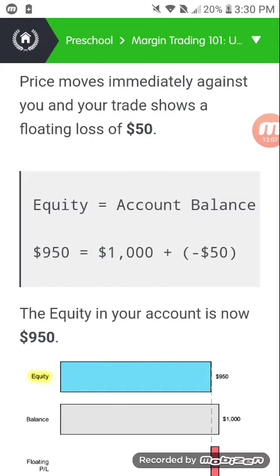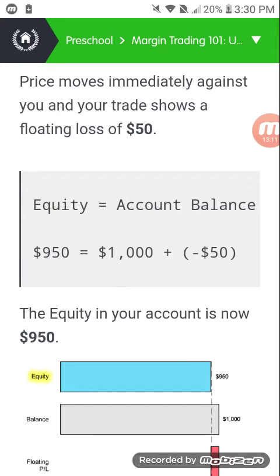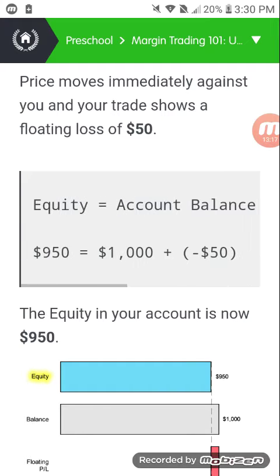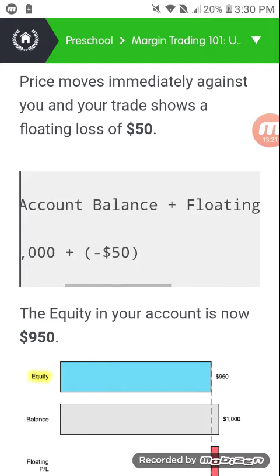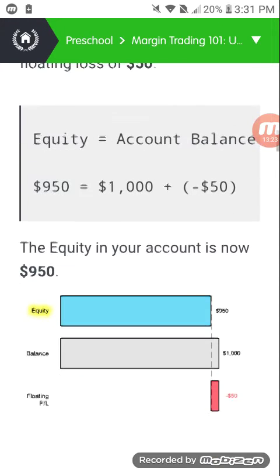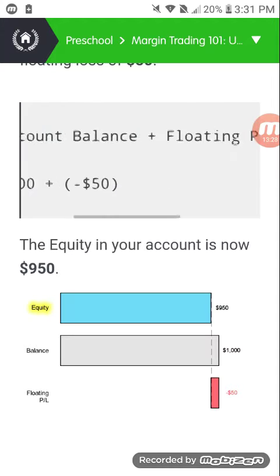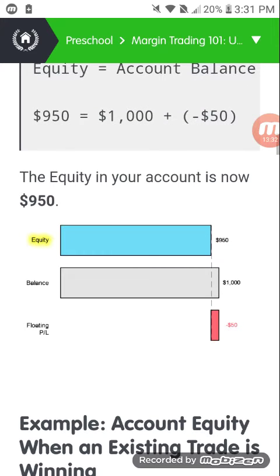So your equity equals the account balance, which is 1,000, plus the floating profit or loss, which is a floating loss of 50. So now your equity is 950.